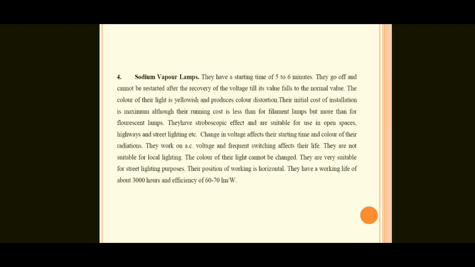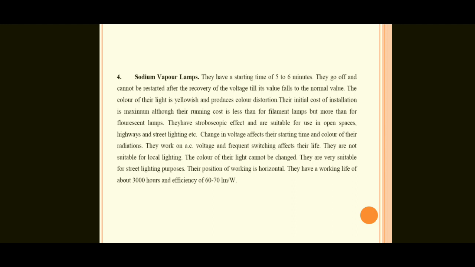So these are used in highway lighting, open spaces like yards, etc. The main drawback of the mercury vapor lamp is that we have to place it in the vertical position only, but not in the case of incandescent lamps and fluorescent lamps. In the case of incandescent lamps, we can place them in any position, either vertical or horizontal.